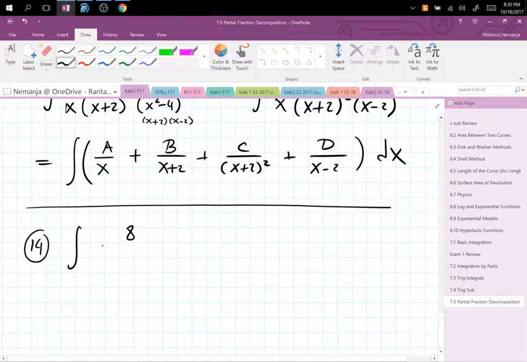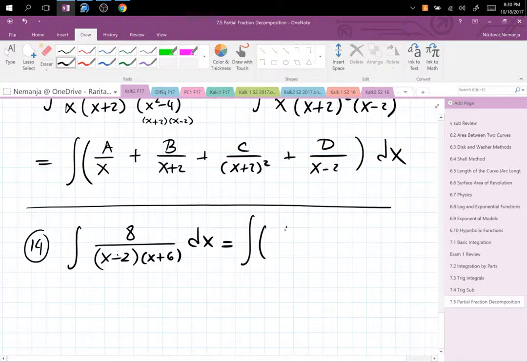We have 8 divided by x minus 2 times x plus 6. So it's already given to you in a factored form. You don't even have to factor. We see 2 linear, so each one of them gets a constant.